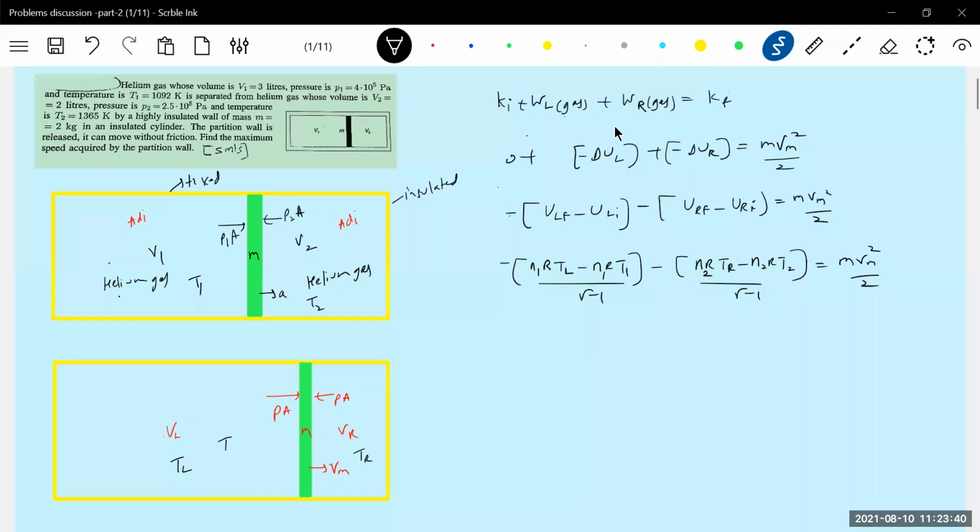What is nRTL? nRTL is equal to the final pressure P times the final volume VL, minus the initial pressure P1 times V1. If you wanted, you could have directly written the expression as P1V1 minus P2V2.